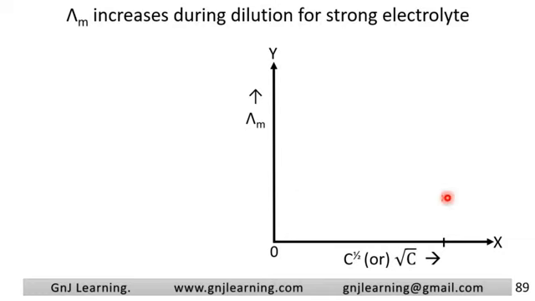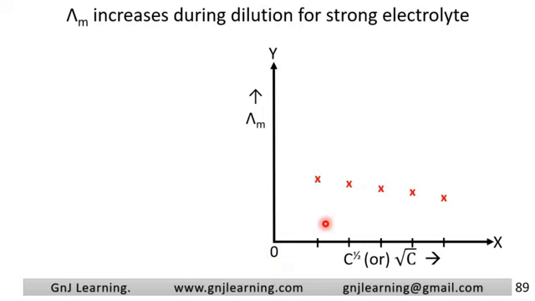I got a point here. Next I diluted, meaning the concentration will reduce, so it will go in this direction. I diluted and there was a small increase in the value. Again diluted, again a small increase, diluted, small increase. So it is increasing. Further I cannot see, because if you go like this, the concentration will become 0.